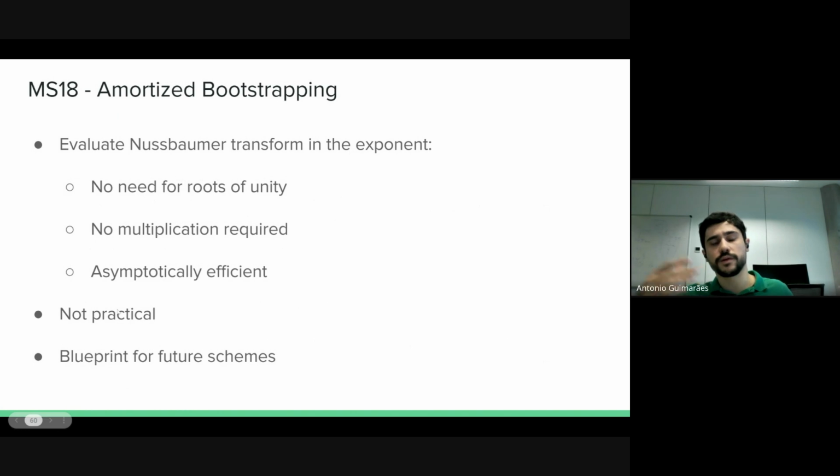You have really huge constants that make this scheme not practical at all. On the other hand, this whole thing that I explained about how you evaluate this AP-like bootstrapping for RLWE is a blueprint that allows us to continue and try other ways of evaluating this polynomial multiplication in the exponent.